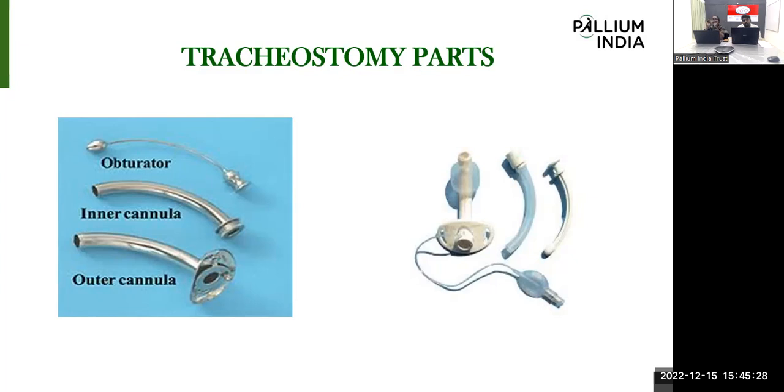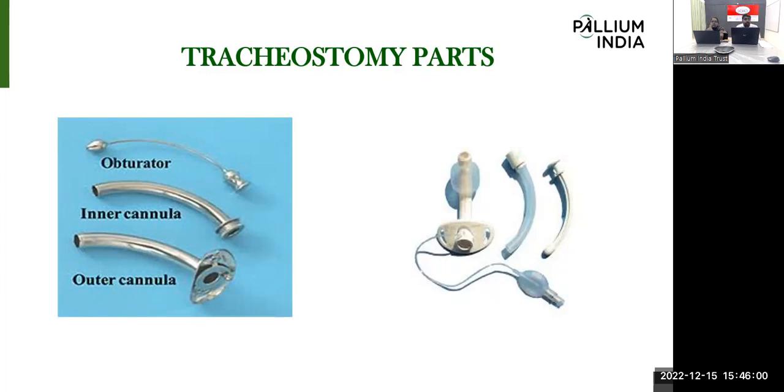So when the inner cannula is too short, there is a chance of blockage of the outer cannula with mucus. That is why the inner cannula is longer than the outer cannula, to prevent that blockage with mucus. Okay, thank you.